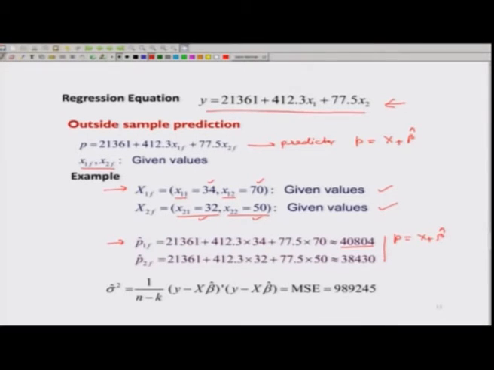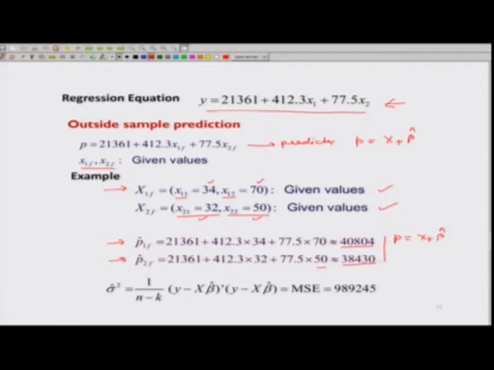And when the temperature is 32 and the humidity level is 50%, then the demand of water is going to be reduced, and in that case this is going to be 38430 thousandths kiloliter. And if you try to see, this confirms the real life story also. When the temperature is less, humidity is less, people try to consume less water.